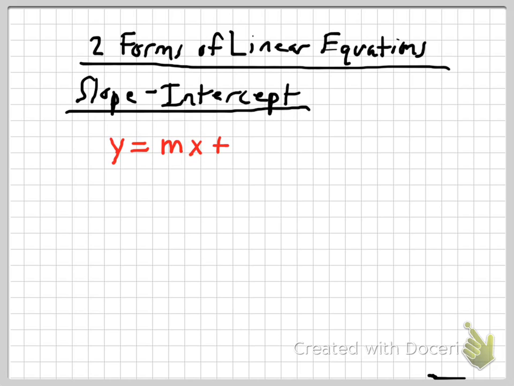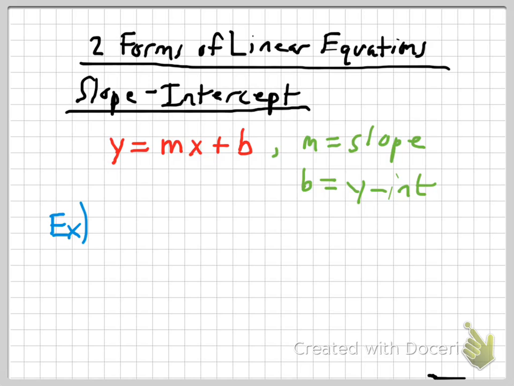That's any equation that's written in the form y equals mx plus b. Now, when an equation is written in that form, there are certain things that you know about the graph of that equation. You know that m is the slope, and you know that b is the y-intercept.